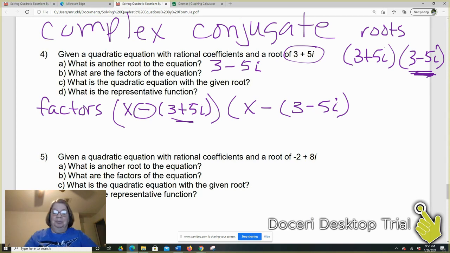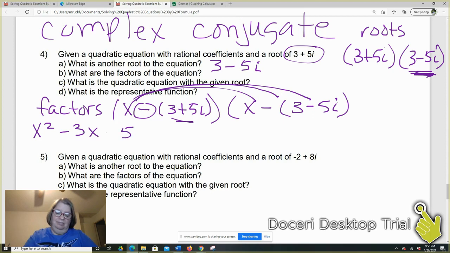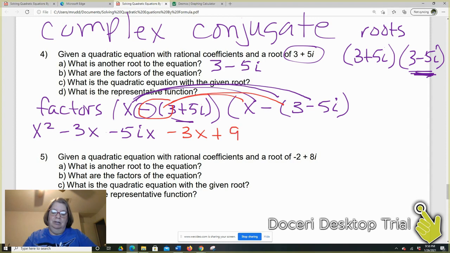Now, this is what is the quadratic equation. What do we do with the factors? We multiply them together. So x times x, times negative 3, x times negative 5i. Now do the same thing with the 3. This will be negative 3 times x, and negative 3 times negative 3, and negative 3 times negative 5i.